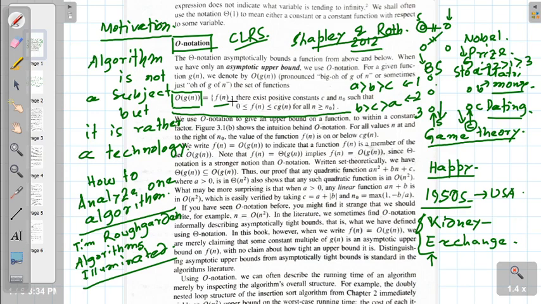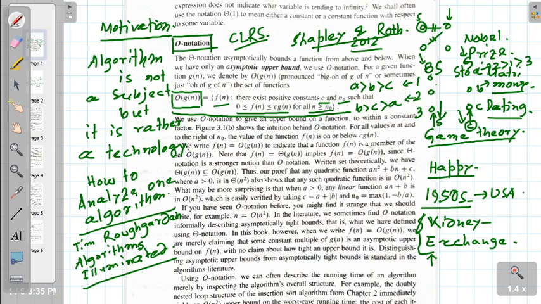There exist positive constants c and n0 such that this condition is satisfied for all n greater than or equal to n0. At this point, maybe it is the definition. We have got the idea that it's a set of functions, but all these conditions are still not clear to you, okay?